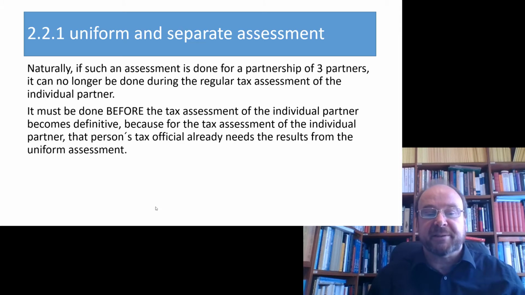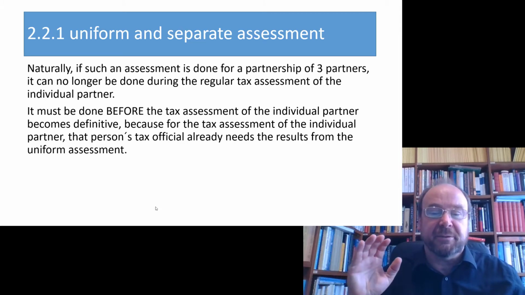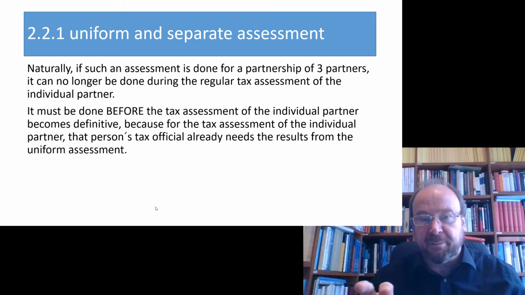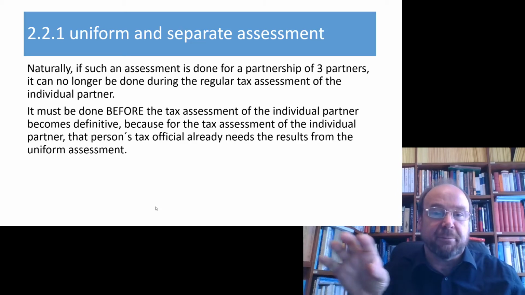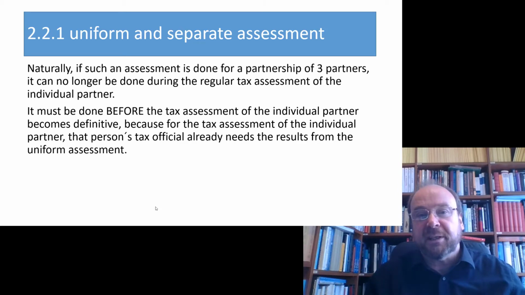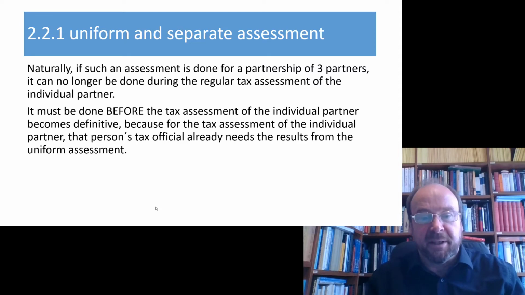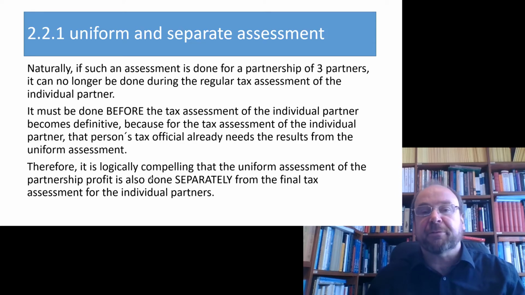So in practice, you need the partnership assessment and the results for the partners before you can make the final income tax assessment for each of the partners. So you separate that procedure from the tax declaration of the partners.